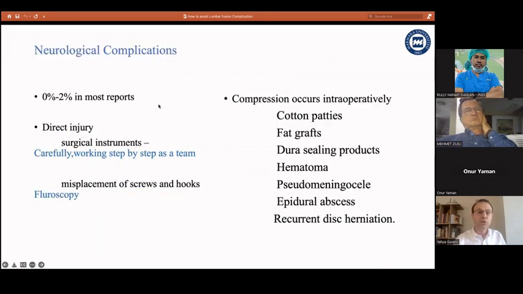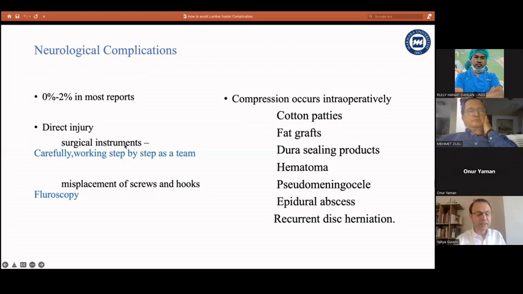And neurological complications are sometimes catastrophic. Because of that, it is very important. They are rare but important. Sometimes they occur with direct injury from surgical instruments.